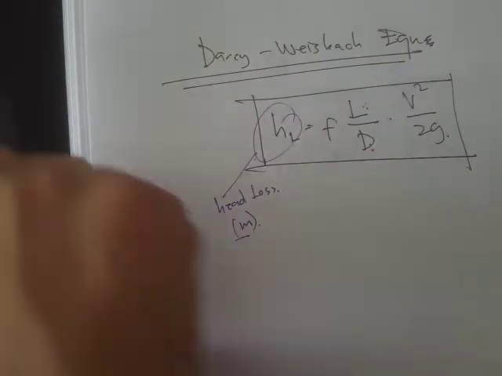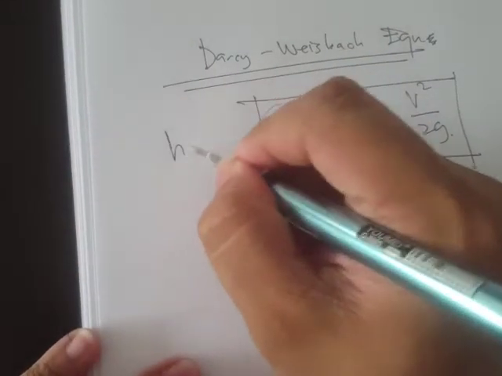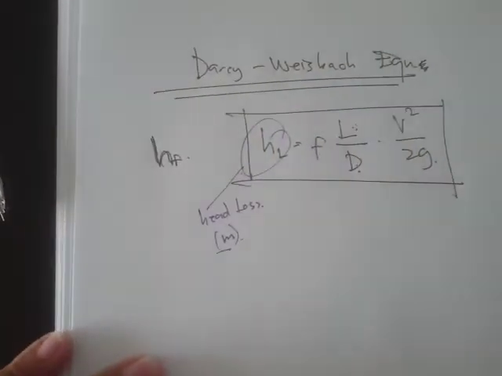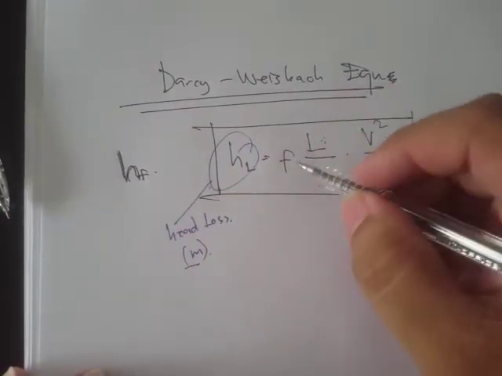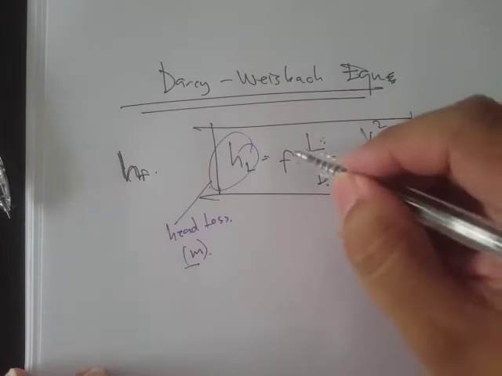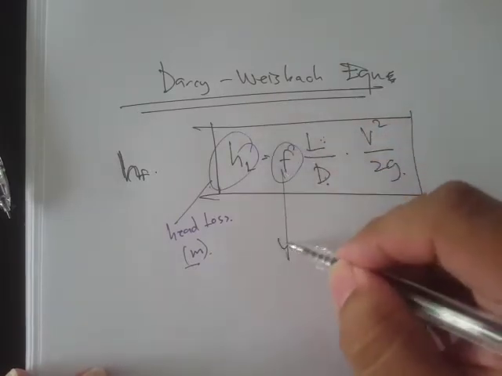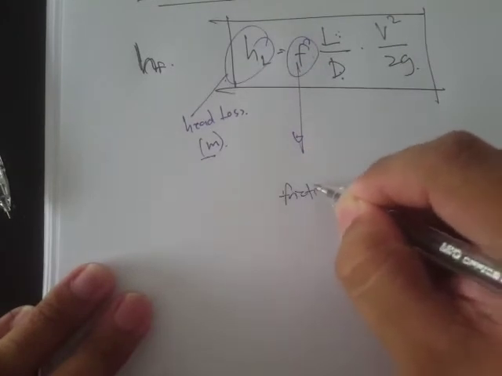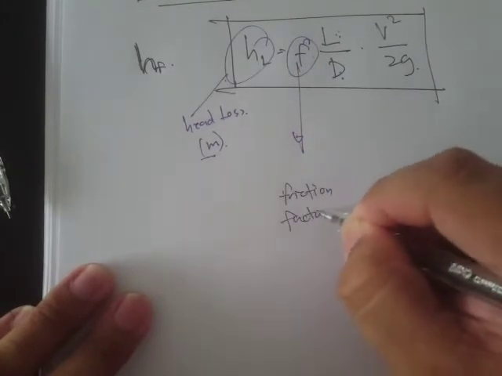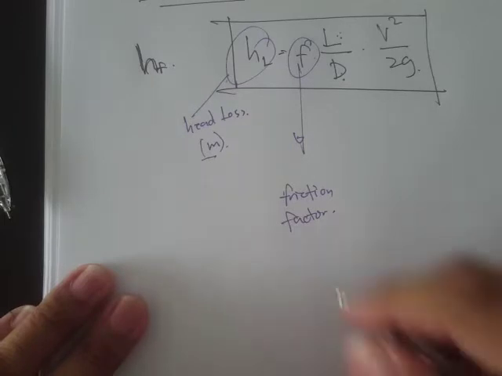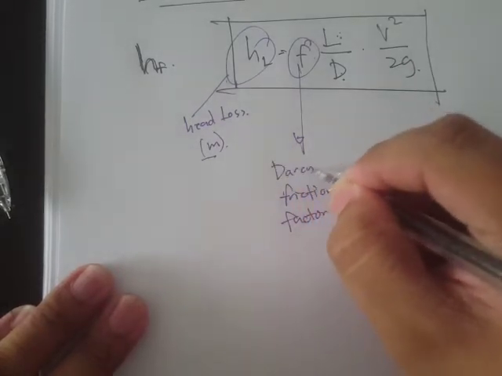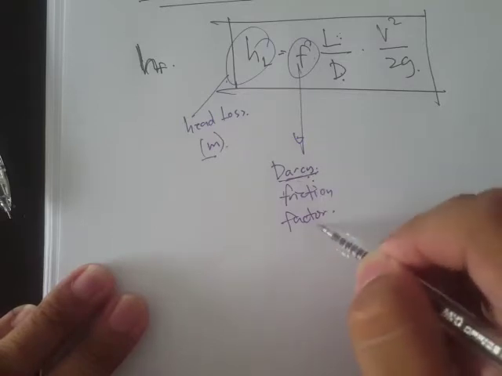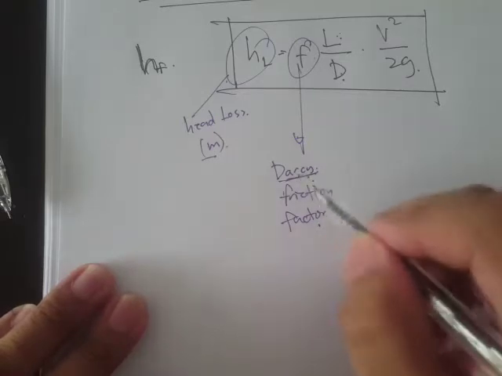By the way, some other texts use the symbol h sub f rather than h sub l, and that doesn't matter because it's just about symbols. Now, what is this f? This f is called the friction factor, more precisely, the Darcy friction factor. Why does it have to be emphasized that it is the Darcy friction factor?